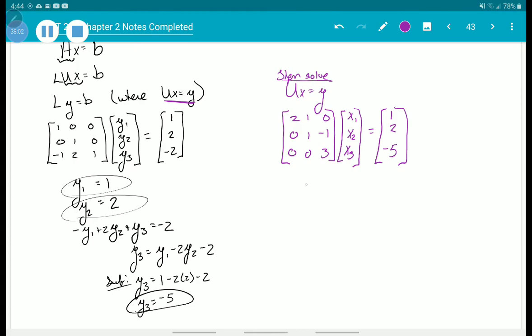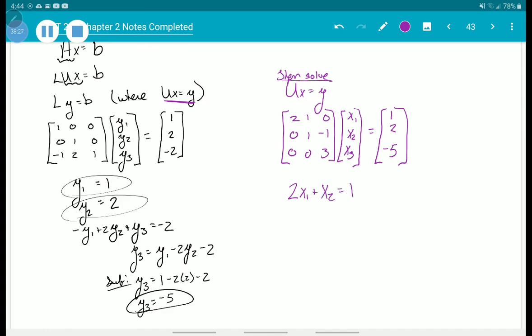So let's multiply through. Now we have an upper triangular matrix times this variable vector. And we'll be able to do some back substitution, kind of like what we did here to solve for the y's. So we have 2x1 plus x2 has to be equal to 1.